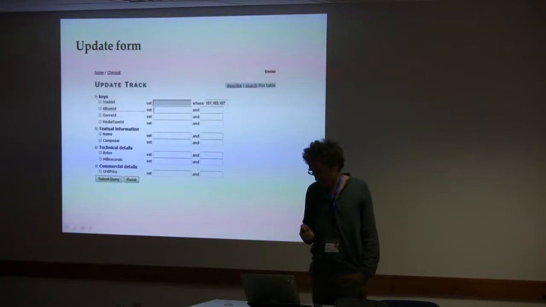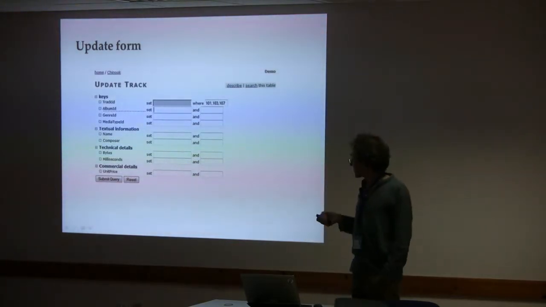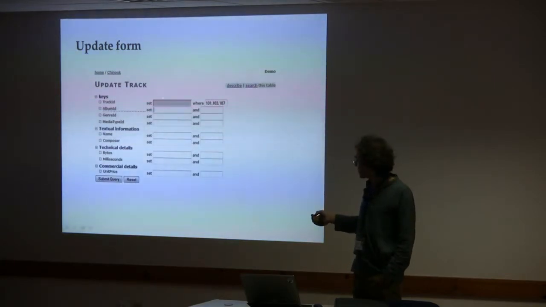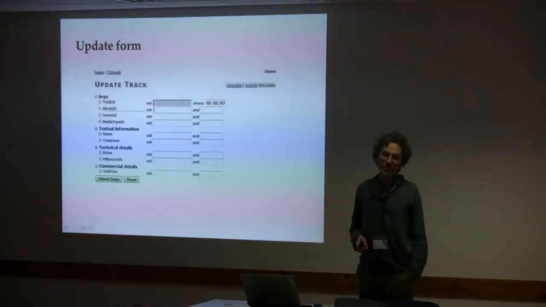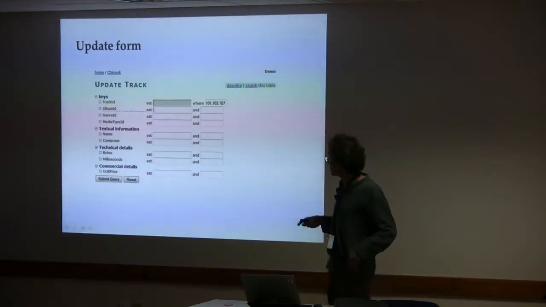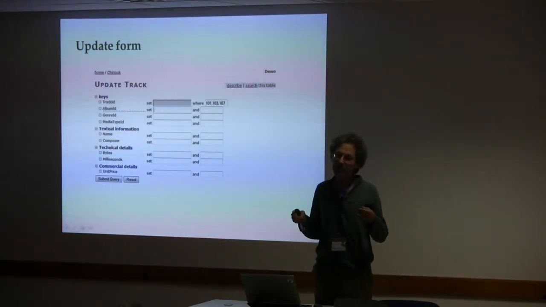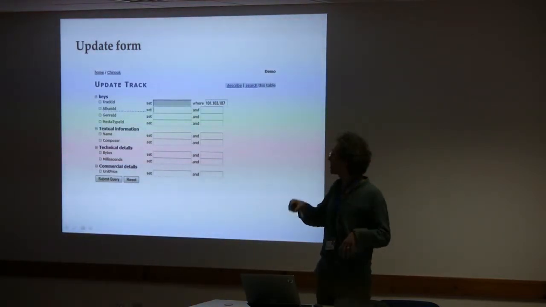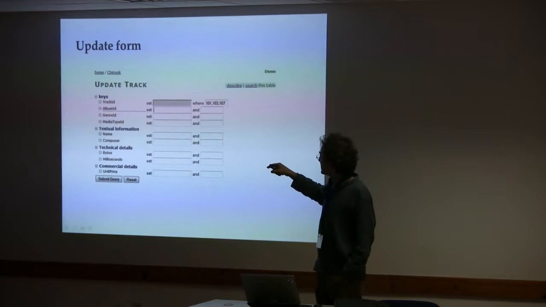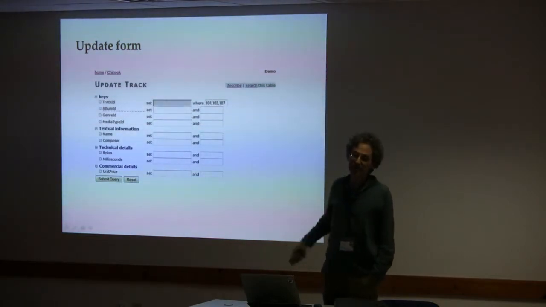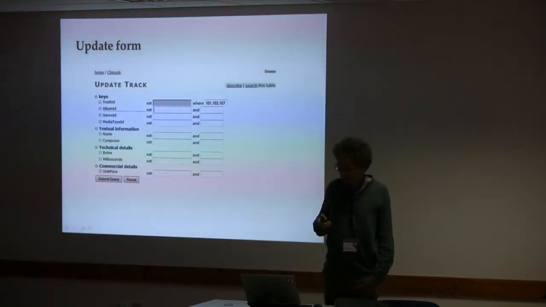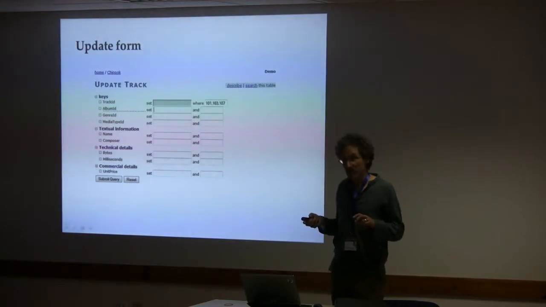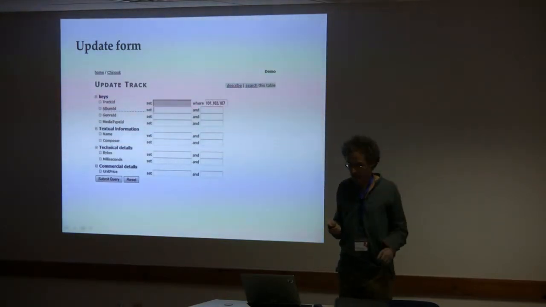The update form is pre-filled with the key of the records that you want to modify, and here you just specify the new values that you want to put. Of course, this is going to generate the SQL update of these fields from the left, where the track ID is equal to one of the numbers on the right. So this is the first mode to do some bulk update.